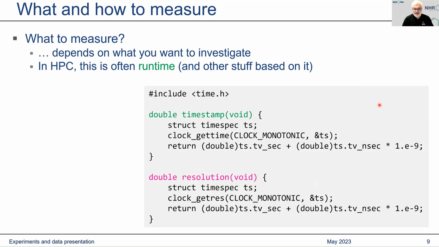to write your own time measurement functions. That's what we recommend, as shown here. We have a timestamp function that uses clock_gettime with the CLOCK_MONOTONIC specifier to take a timestamp. It delivers a double precision value, which is the current timestamp. And if you want to measure the time a certain piece of code takes, you just call it twice and subtract the two values.